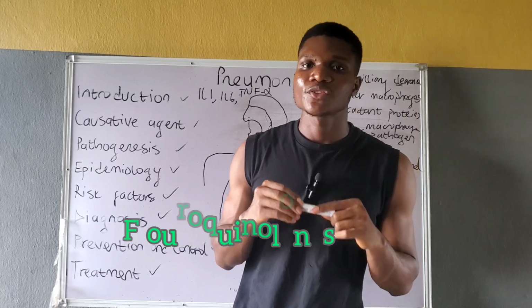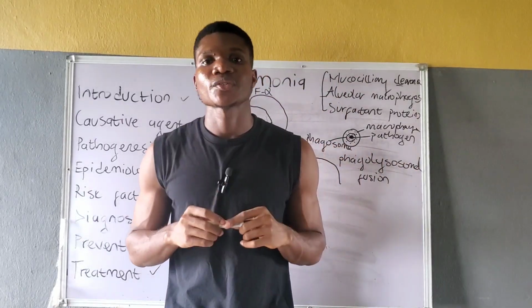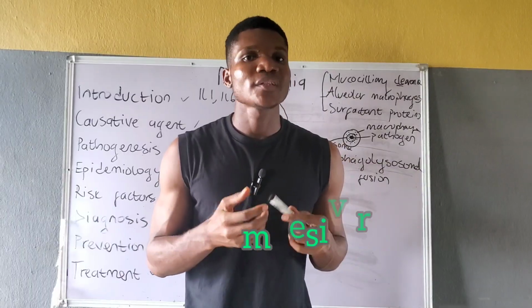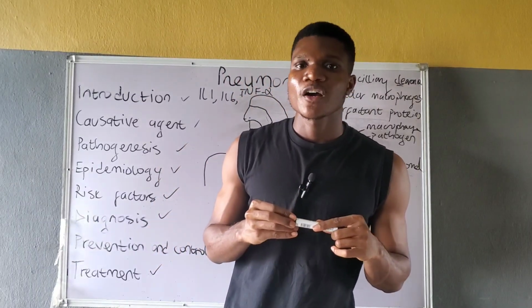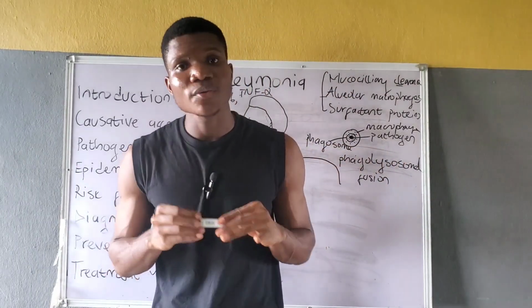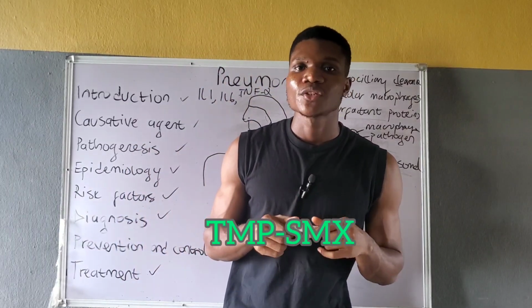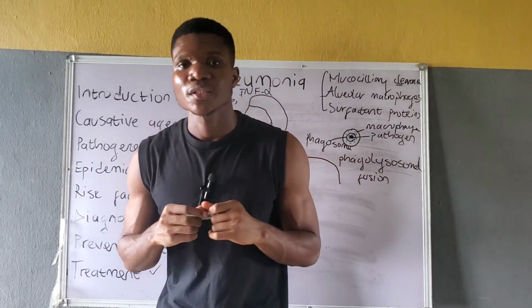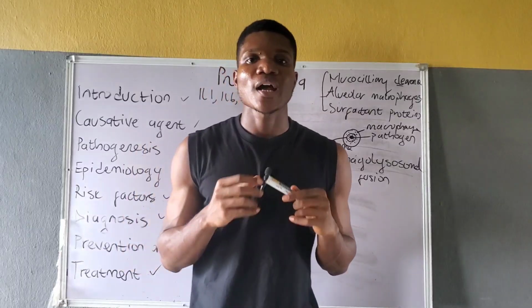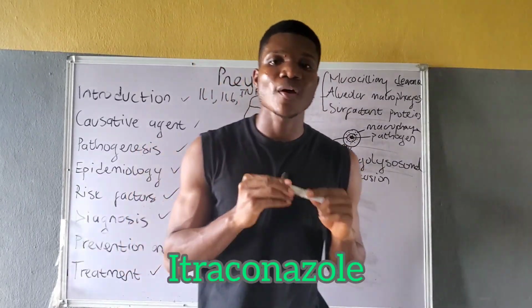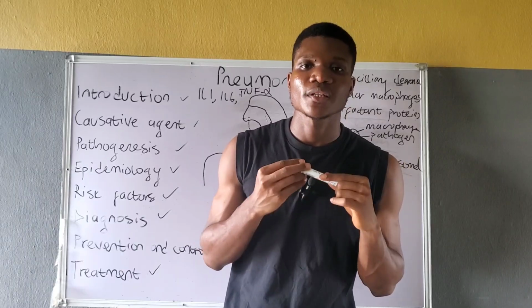Viral pneumonia is treated using agents such as oseltamivir and remdesivir, depending on the viruses involved. And also, fungal pneumonia is treated using TMP-SMX, usually for Pneumocystis jirovecii. Also, there's the use of amphotericin B and itraconazole as well, depending on the fungal agents involved in infection.